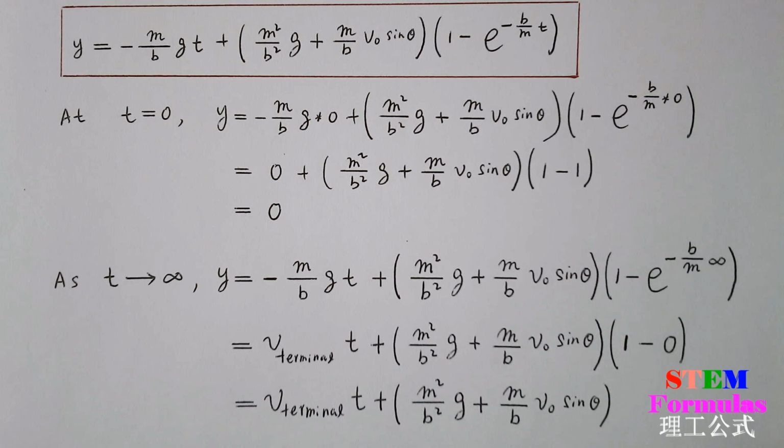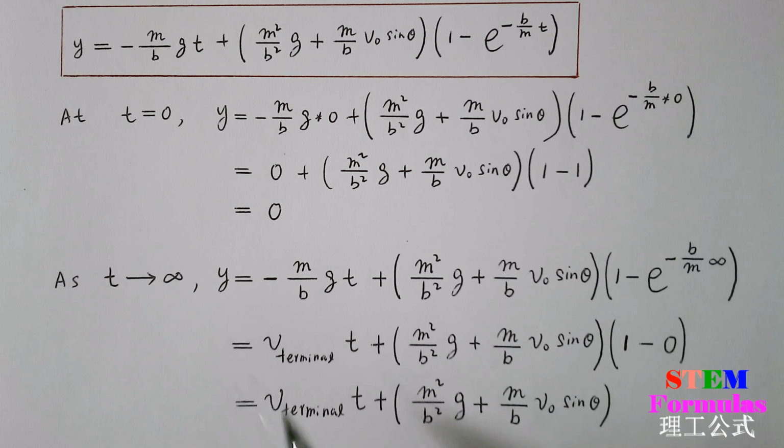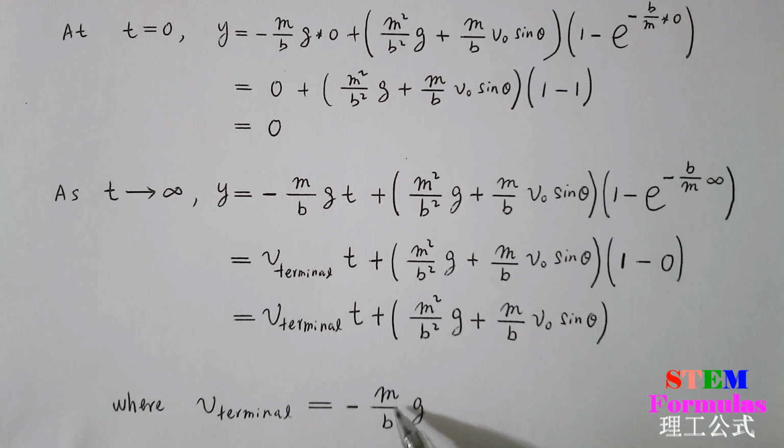So the final answer is, as time approaches infinity, y approaches v terminal times t plus m squared divided by b squared times g plus m divided by b times v0 times sine theta, and v terminal is defined as minus m divided by b times g.